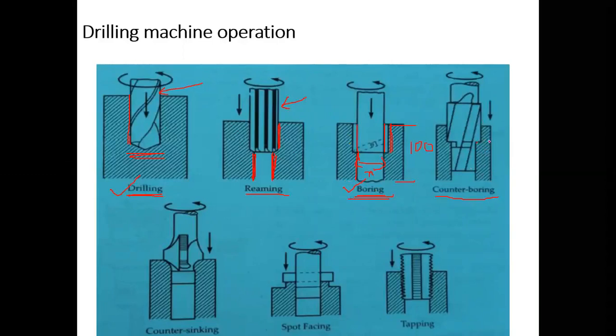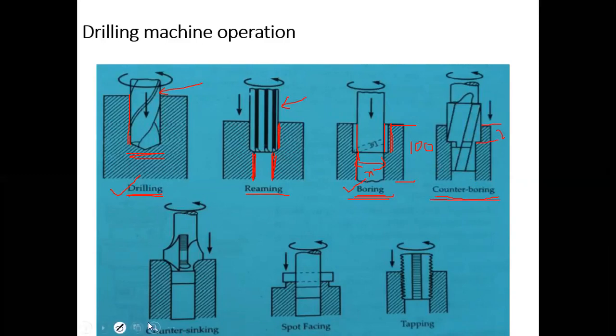We need to enlarge only some small portion of the hole. For example, out of 100 mm, only 20 mm has to be enlarged, and the remaining 80 mm stays in the same size. This kind of enlarging the hole up to only some extent is called counter boring. Remember, boring is enlarging the hole. Counter means only up to some length, some depth, we are enlarging the hole, not the entire length.